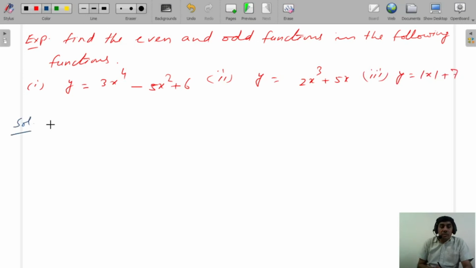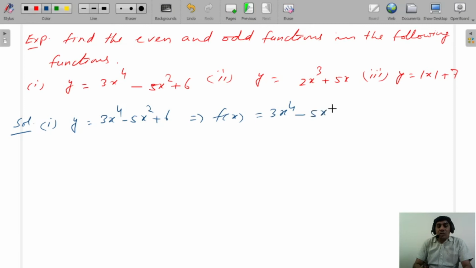Solution. The first, y is equal to 3x⁴ − 5x² + 6. This implies f(x) is equal to 3x⁴ − 5x² + 6.